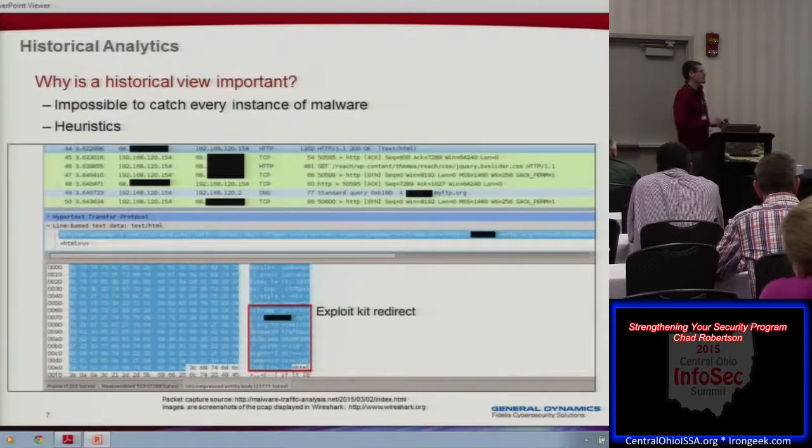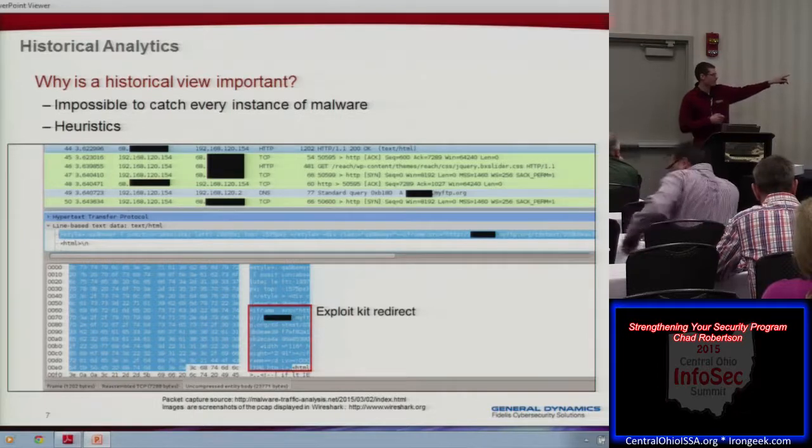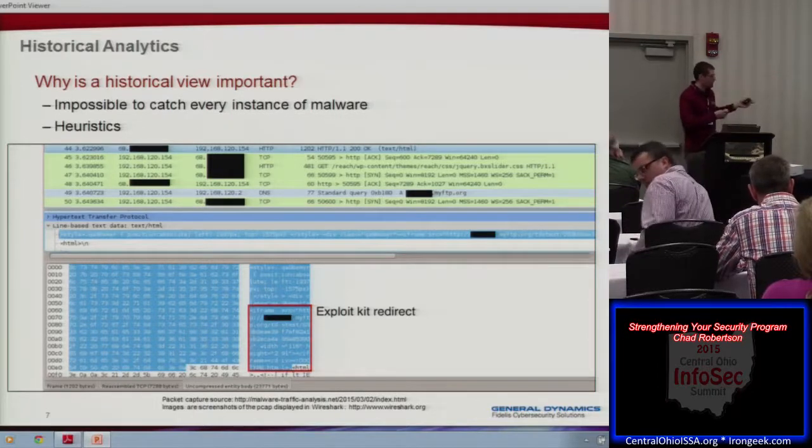So let's talk about analytics, and that's a really common topic. And so historical analytics. Why is a historical view important? So this is maybe what we see today. This is Wireshark, and this is a PCAP. The PCAP source is down there. Each one of these things are indicators, and we have lots and lots of tools out there that can detect this stuff.